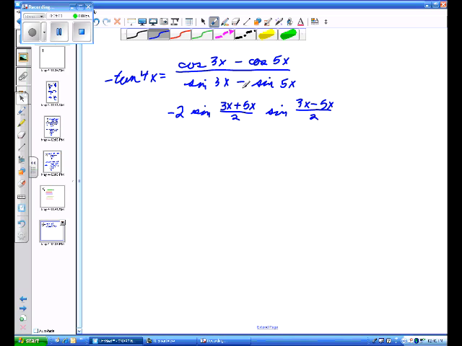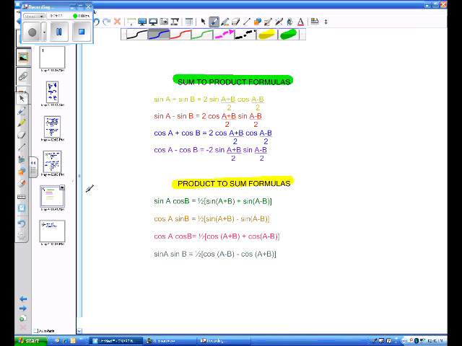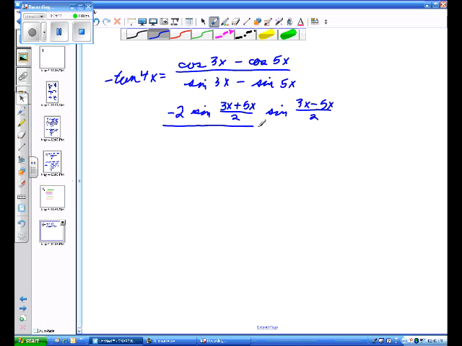Okay, in our denominator, we have a sine minus a sine. So we would use our sine minus a sine formula, which gives cosine sine. So our denominator is going to be 2 cosine of 3x plus 5x over 2 sine of 3x minus 5x over 2.